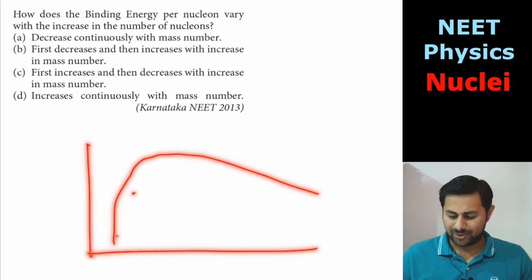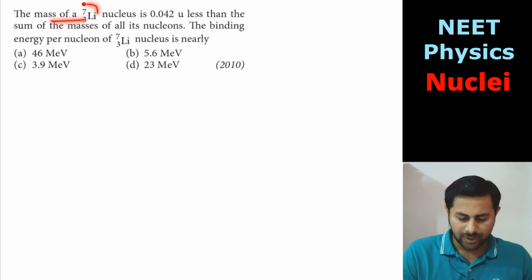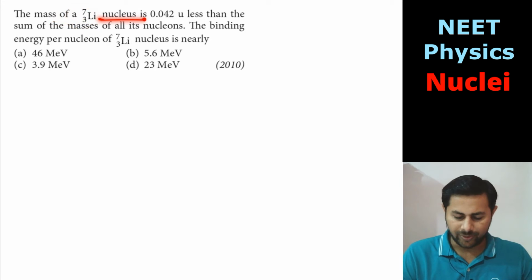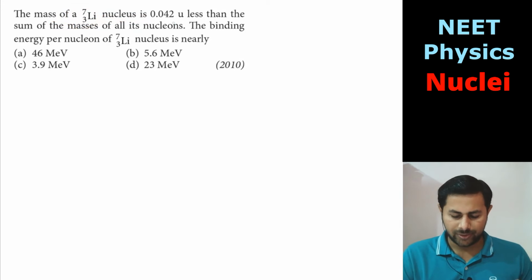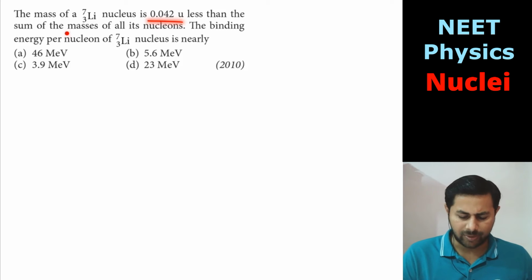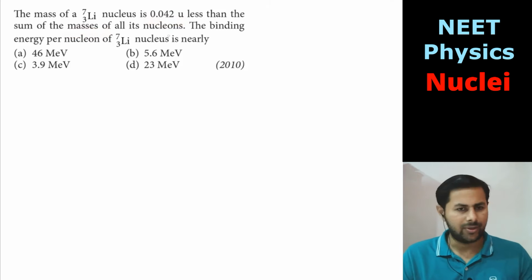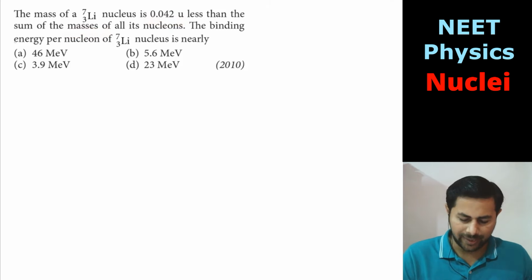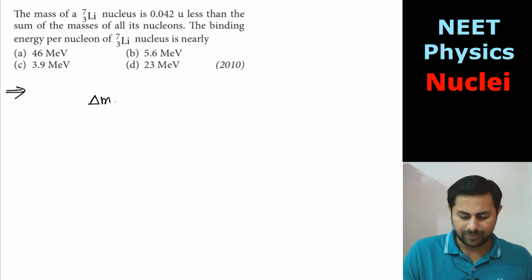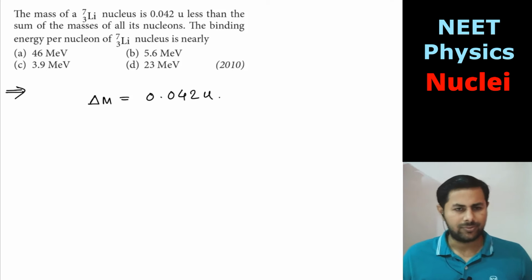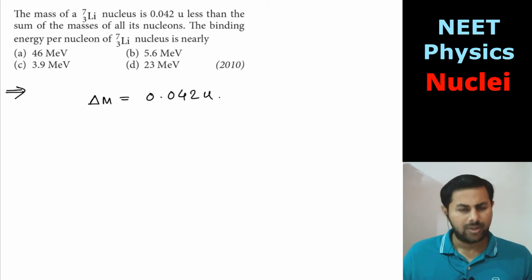All right, let's see the next one. The mass of lithium 3 7 nucleus is 0.042 u less than the sum of the masses of all its nucleons. The binding energy per nucleon of lithium nucleus is nearly. Tell me, what should we do? What's given? Delta M is given, and it's equal to 0.042 u. If we know delta M, then we can very easily find out the binding energy.